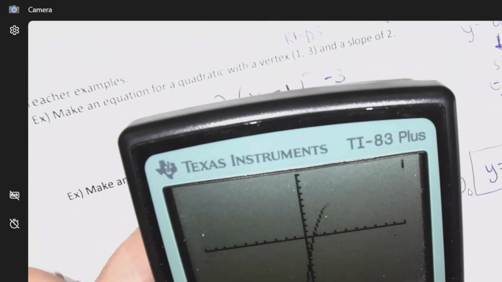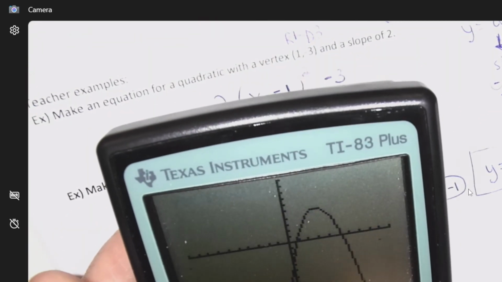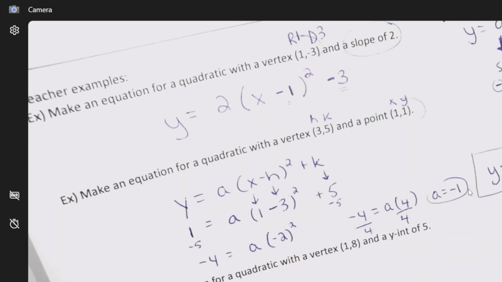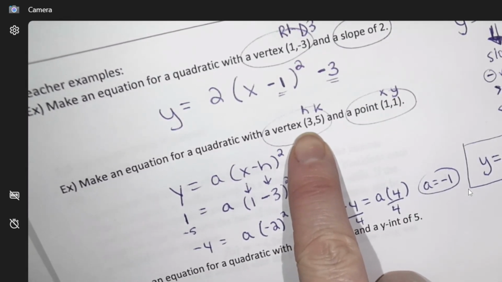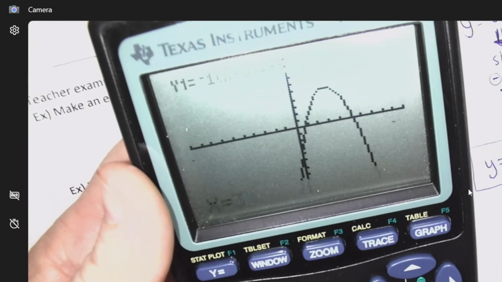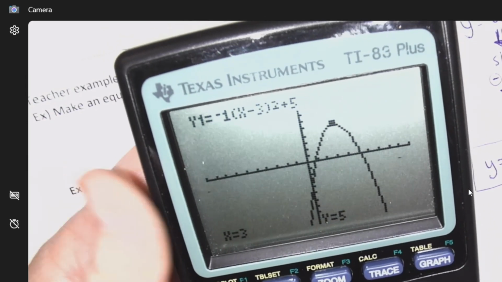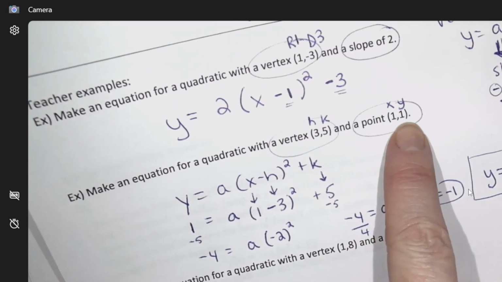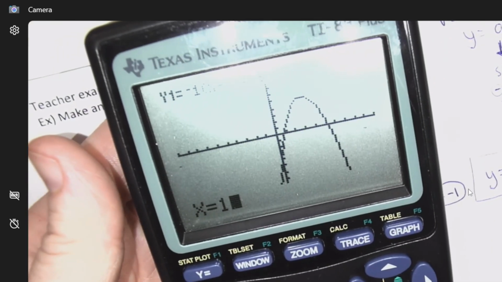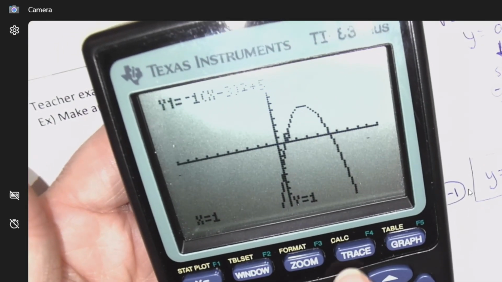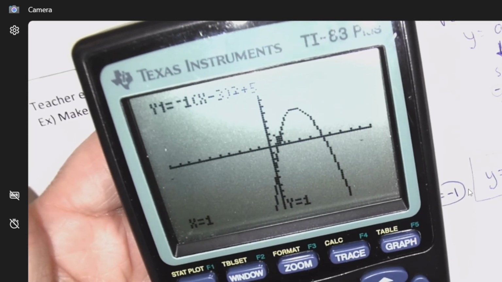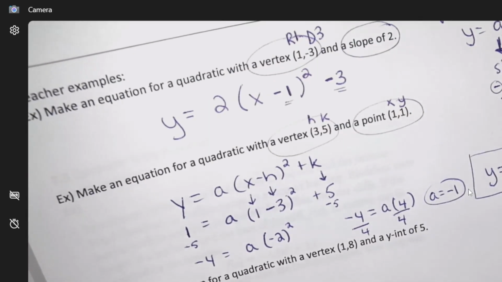I would graph it, and then I would get my cursor and I would say, well, if I'm at 3, am I on the vertex here? Oh, there, yeah, 3, 5. It looks like it's the vertex. When I'm at 1, am I at the coordinate 1, 1? So I'm going to go to 1. Yeah, there it is, 1, 1. It works. Okay, so that's a method you could do on your test.